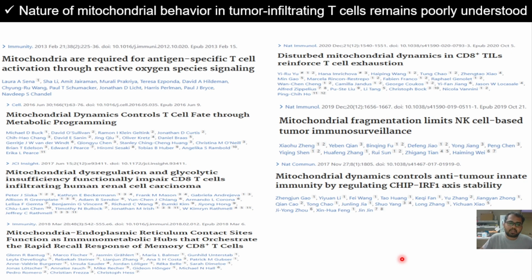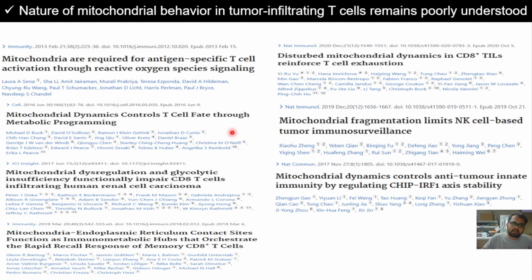In this paper, they have given various references to make the point that the nature of mitochondrial behavior in tumor infiltrating T cells remains poorly understood. That's why they have done this research. How the metabolism in these T cells is happening, and how it is associated with the function of these T cells, is poorly understood.